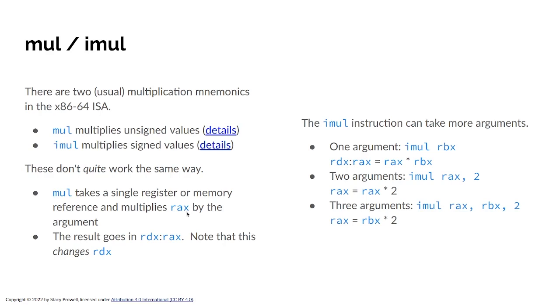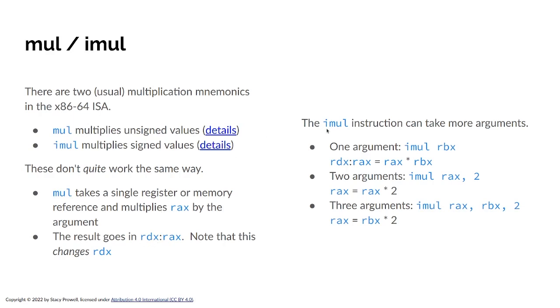Now that's a 64-bit argument being multiplied by some other potentially 64-bit thing. The result could be a 128-bit thing, and so the result goes in RDX, high bits go here, and RAX, low bits go here. And you'll need to notice that this changes what's in RDX. So if you are using the mul instruction, you need to be aware that it's going to overwrite RDX.